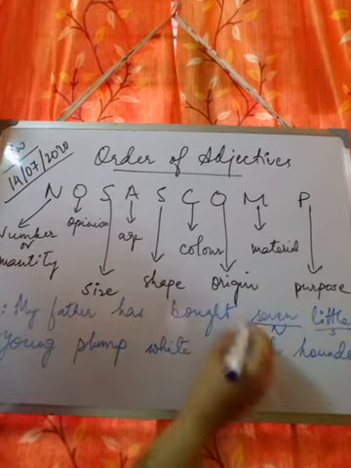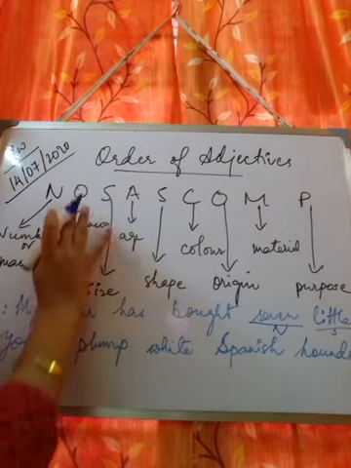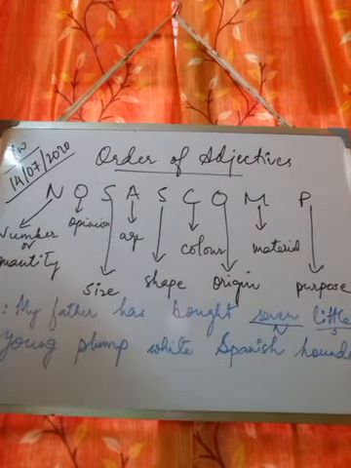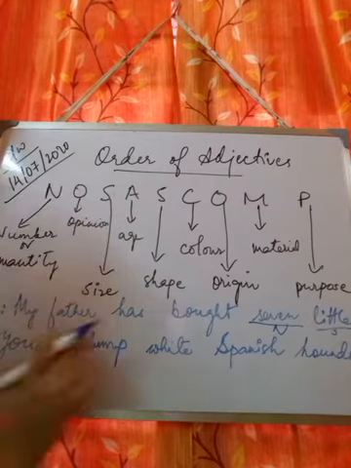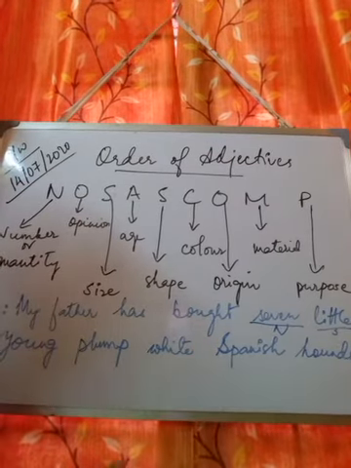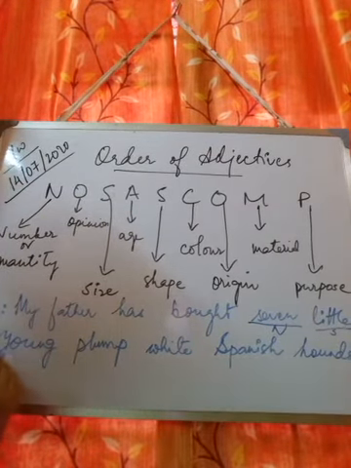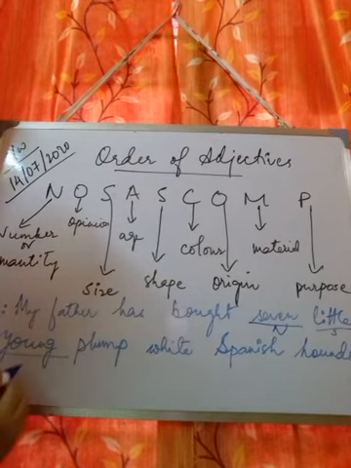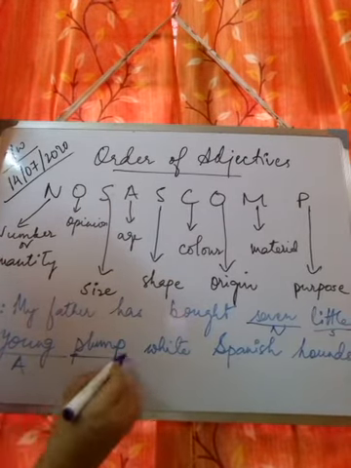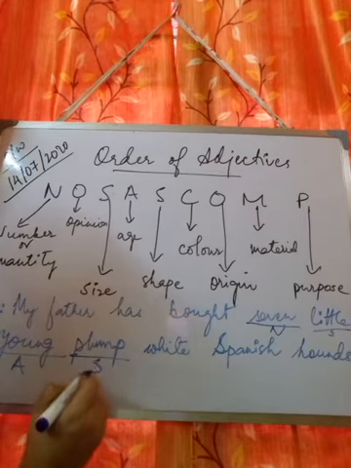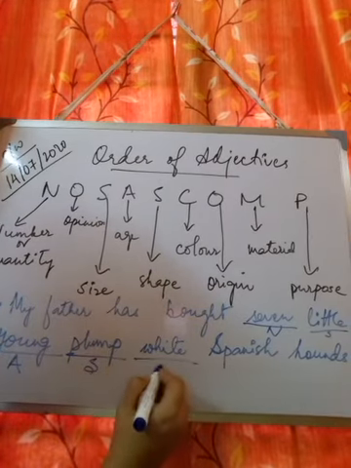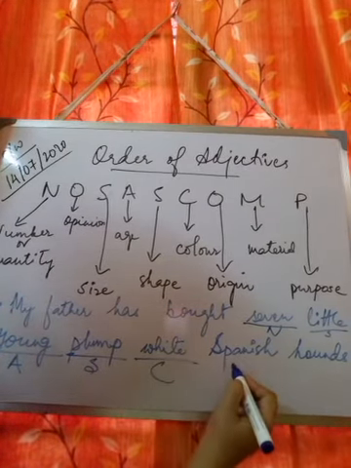Okay, so we do not have anything here based on opinion, because we don't have here any adjective which mentions the quality. Okay, little. Next we have young. What is young? Age. Next is plump. What is plump? Shape. Then is color. White. Then is Spanish.